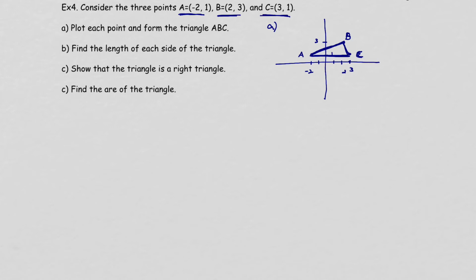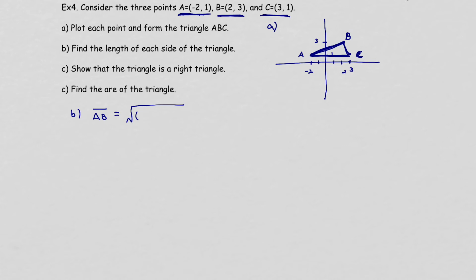B, find the length of each side of the triangle. Finding a length means finding a distance between the points. And we just did finding a distance. So we should be able to do this. No problem, right? So using between A and B, this is going to be x2, y2.